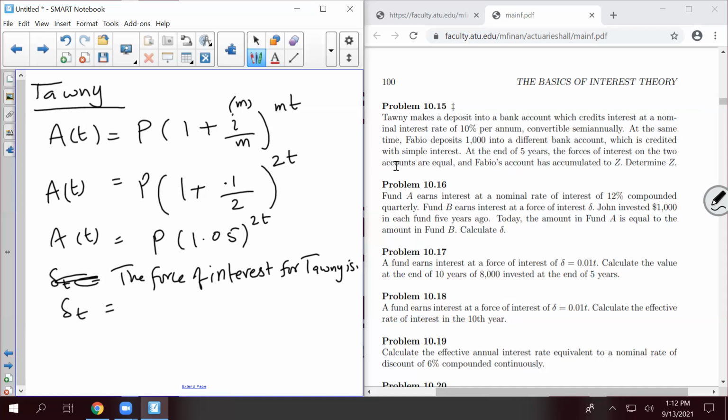It's the derivative of A(t) over A(t), A prime of t over A(t). I gave you that formula, so that's going to be used. A prime of t over A(t).